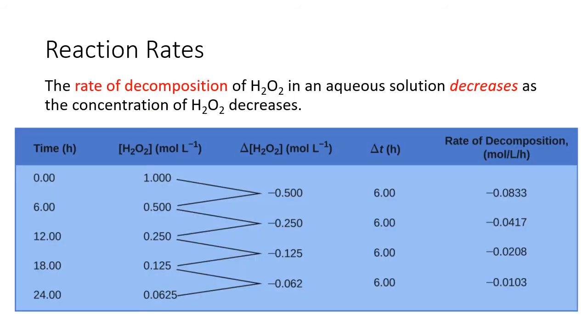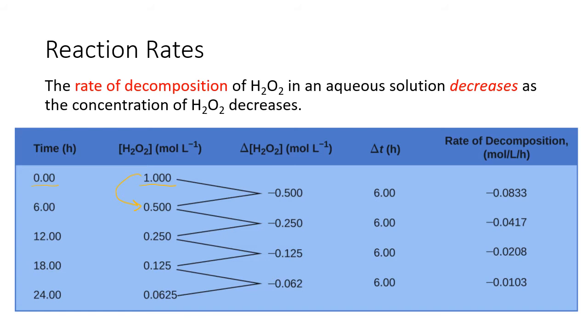We can look at some concentration and time data for hydrogen peroxide decomposing to see that the rate of decomposition will actually change as the reaction progresses. So initially at time equals 0, we're starting off with 1 mole per liter, or 1 molar, of hydrogen peroxide. After 6 hours have passed, the concentration of hydrogen peroxide has dropped from 1 molar to 0.5 molar.